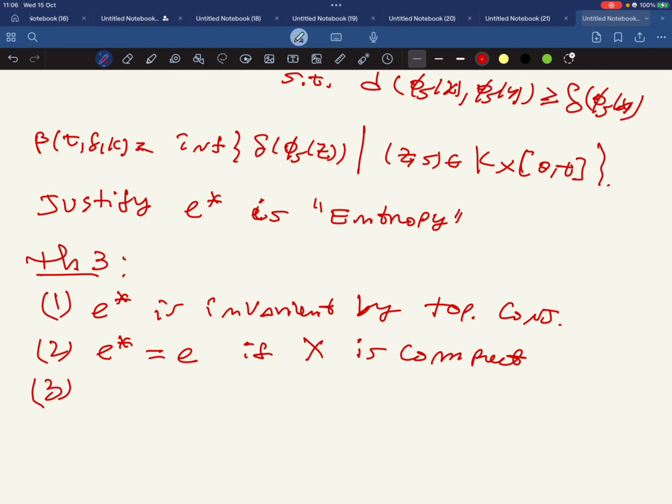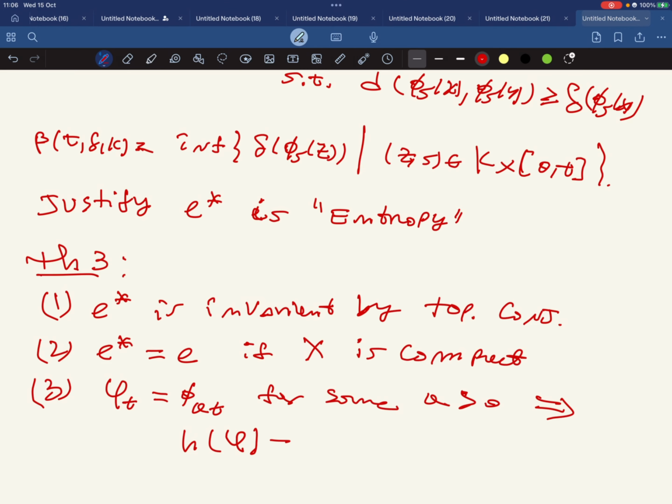The third is that if we reparameterize the flow in this way for some positive a, then the entropy of the new flow phi bar is precisely a multiplied by the entropy. Here A star is equal to A star of phi, the original flow.